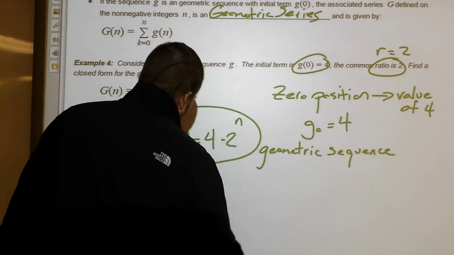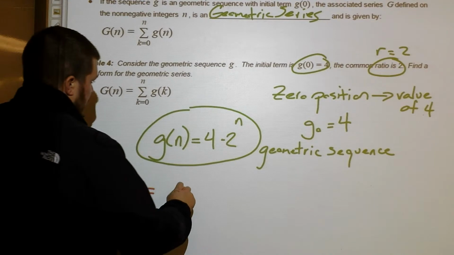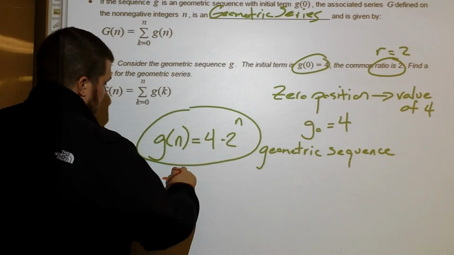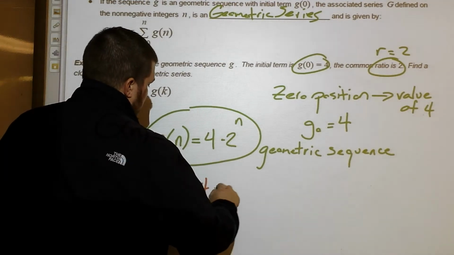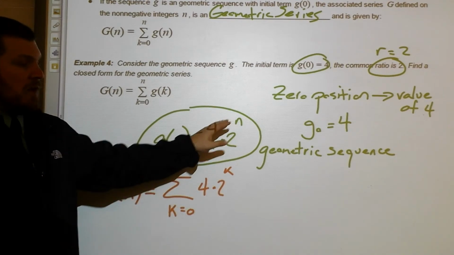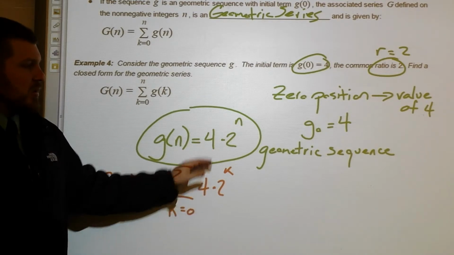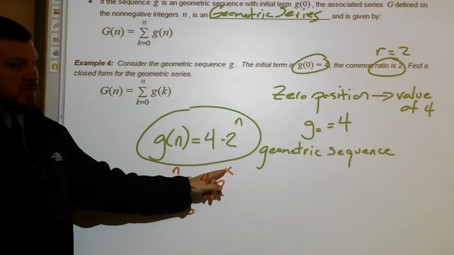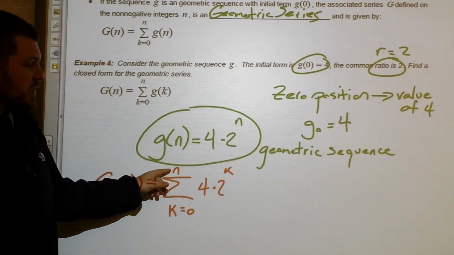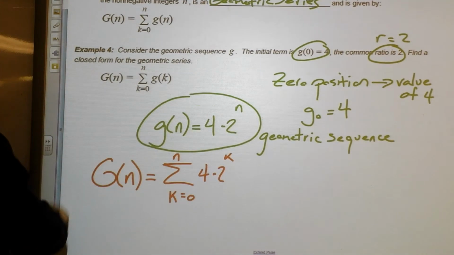So when we write it, our geometric series is going to be sigma from k equals 0 to n of 4 times 2 to the k. When you first start off, these two variables must match. Everything's the same here. Our sequence is still plugged into the sigma notation. It's just we had a k on the bottom, so we have to use k here instead of n. That's the only difference. We're going to finish off when we create the closed form definition. All our variables will be n, so everything will be fine.